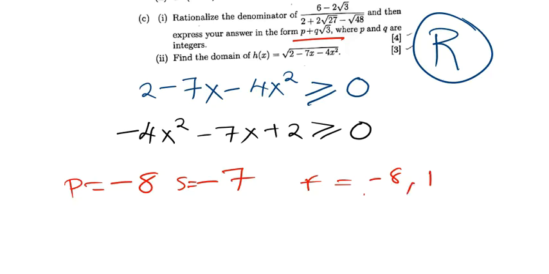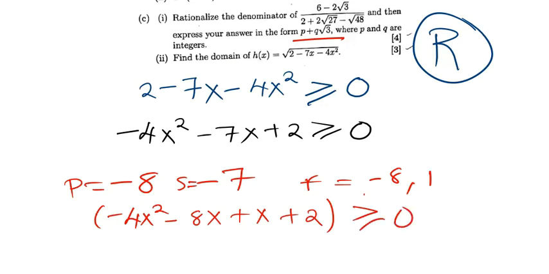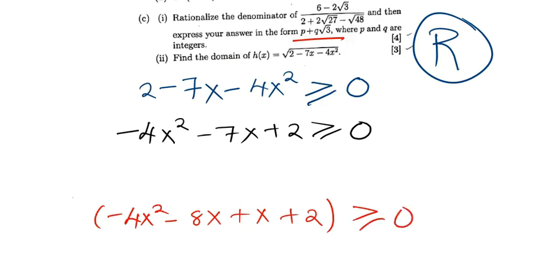So therefore we can end up with negative 4x squared minus 8x plus x plus 2 is greater than or equal to 0. For the first part, we can factorize.